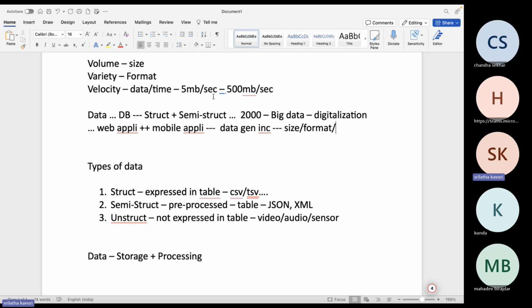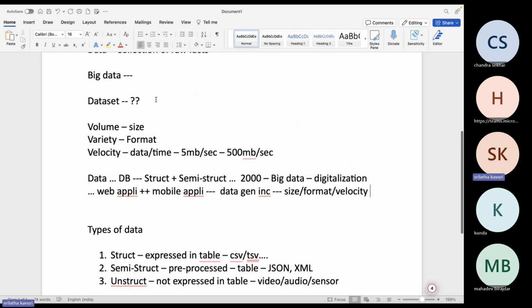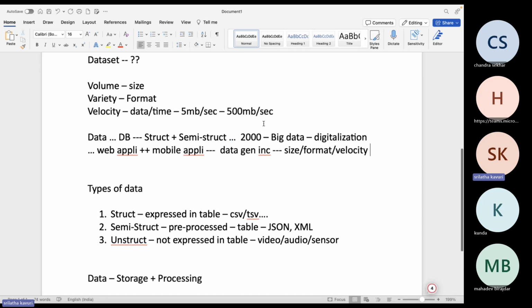But if 100 people are using the phone at the same time, it would create 500 MB per second. So the speed of the data, the velocity of the data, is also continuously increasing in the real world.